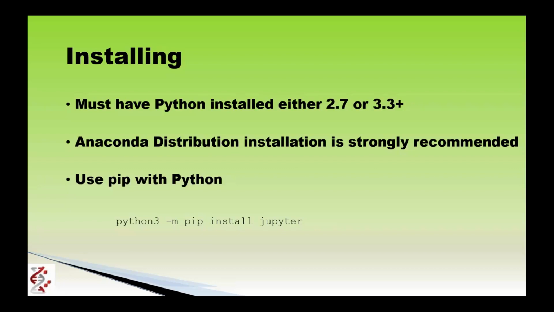If you just want Jupyter Notebooks, it's a little bit overkill to install the whole thing, but if you are going to be coding Python, especially anything with machine learning, you probably will want the Anaconda distribution, which is what I have installed. If you just want the quick and dirty lightweight install, once you've got Python installed, just use this pip command to install Jupyter, and that will install Jupyter Notebooks for you.